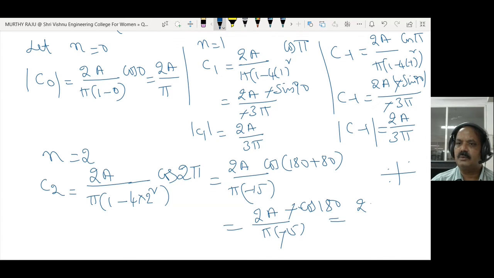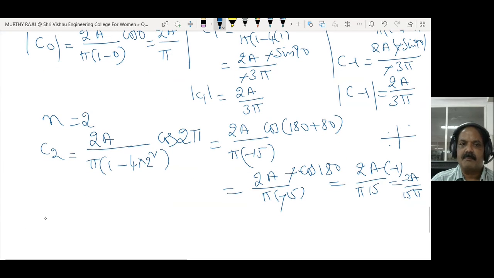Minus cancels minus, giving 2a by 15 pi, and cos 180 is minus 1. Mod C2 is equal to 2a by 15 pi.